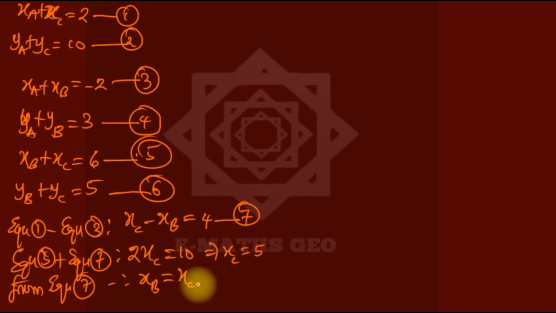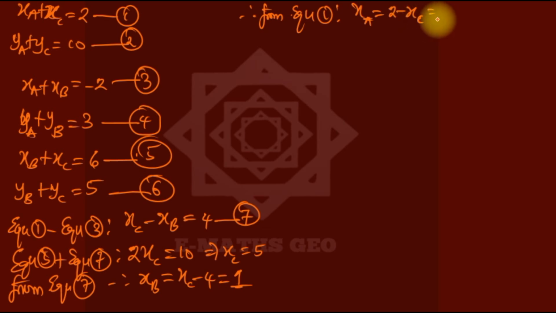XB is XC minus 4, which is 5 minus 4, which is 1. So we've gotten XB. Let's check XA. We choose any, okay, equation 1. From equation 1, XA will be 2 minus XC, which is 2 minus 5, that is minus 3.